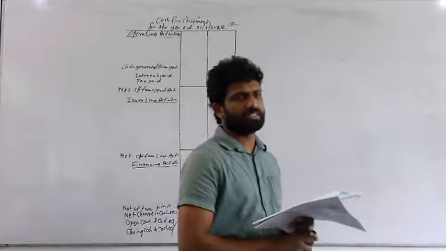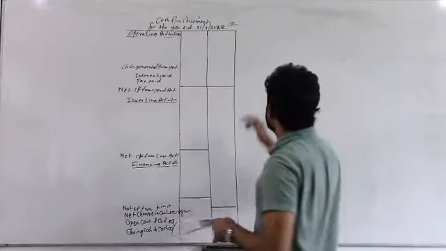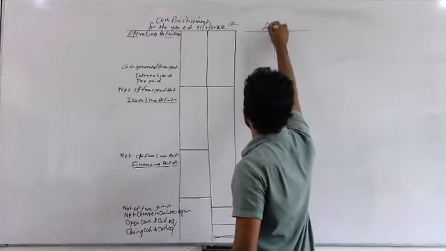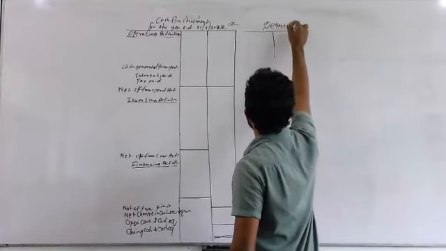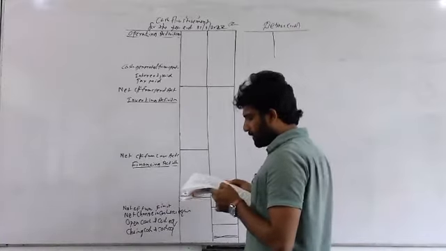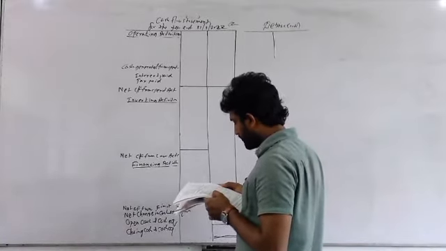You are given sales. So that one I'll do in the debtors control account. I'll take opening and closing debtors balances. Trade debtors 200 and 300.